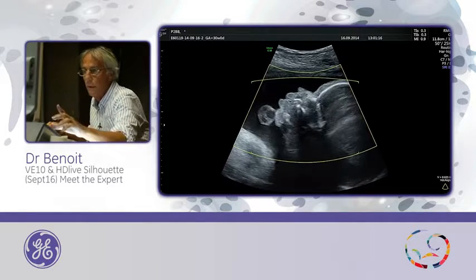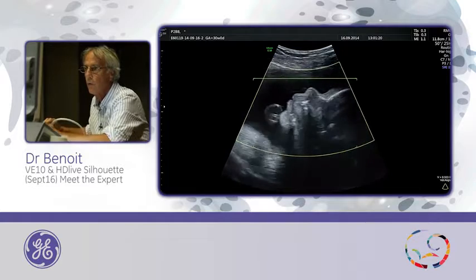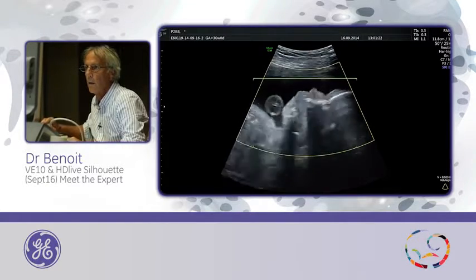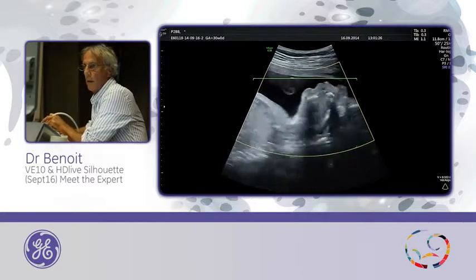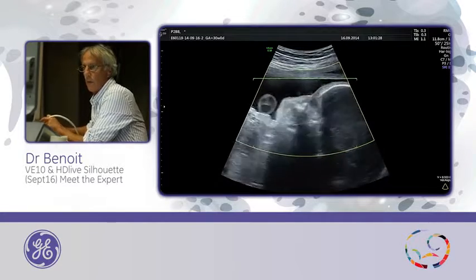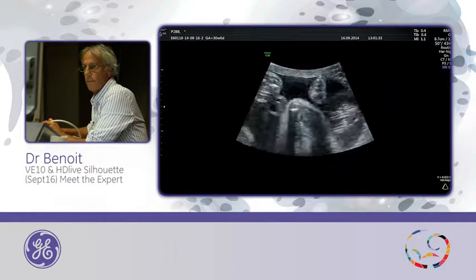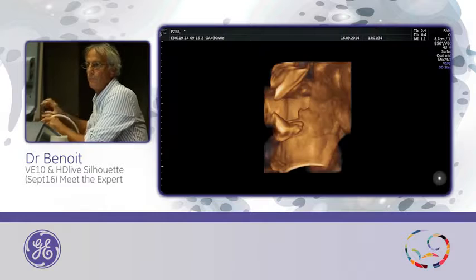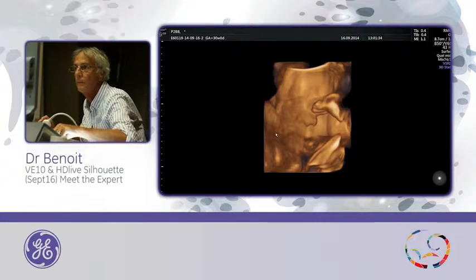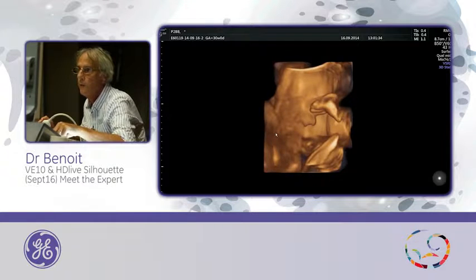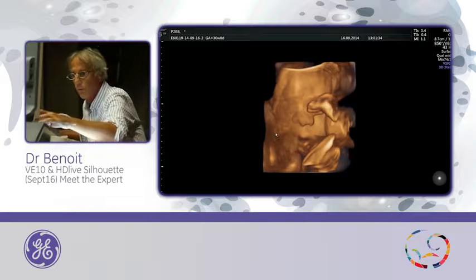The baby is really in a nice position for the face, so I will do it again. Maybe I have to push it. Okay. Start. And this is a part of one foot with the toes in front of the face.